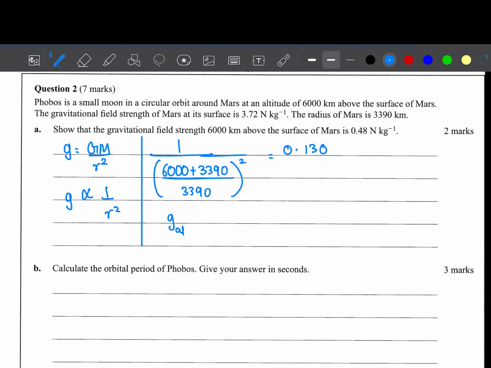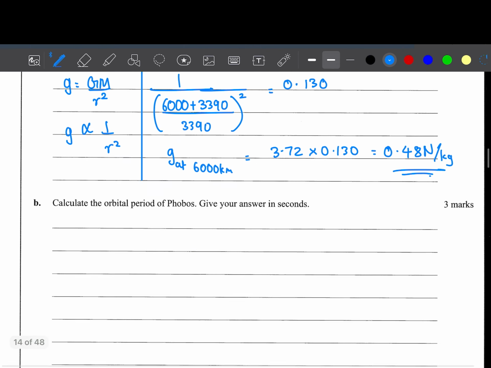Now we can say that g at 6,000 kilometers would be 3.72, which is here, times 0.13, so we get 0.48 newtons per kilogram as required.